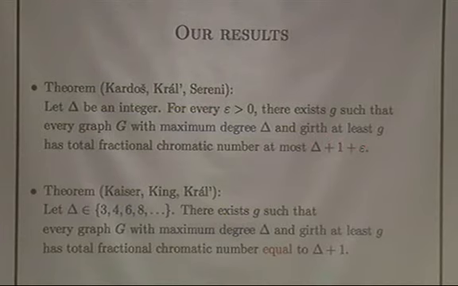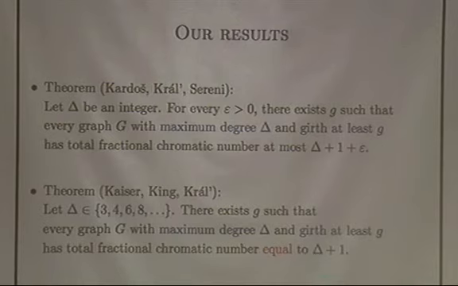And we were able to obtain a little bit more surprising result for certain values of delta, and this is joint work with Tomáš Kaiser and Andrew King. We were able to show that if delta is 3, or delta is an even integer greater than 2, so 2 is somehow exceptional, then there exists some girth g such that any graph with maximum degree delta and girth at least g has total fractional chromatic number equal to delta plus 1.